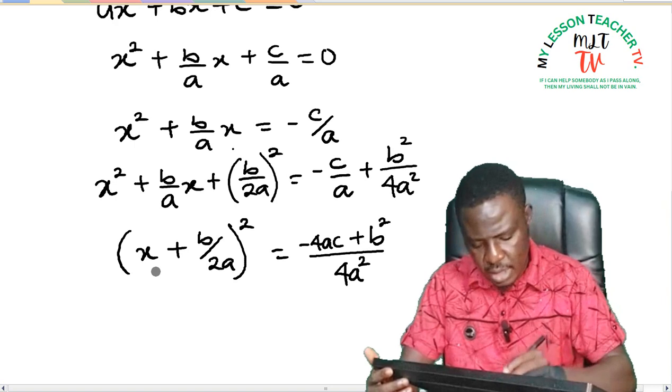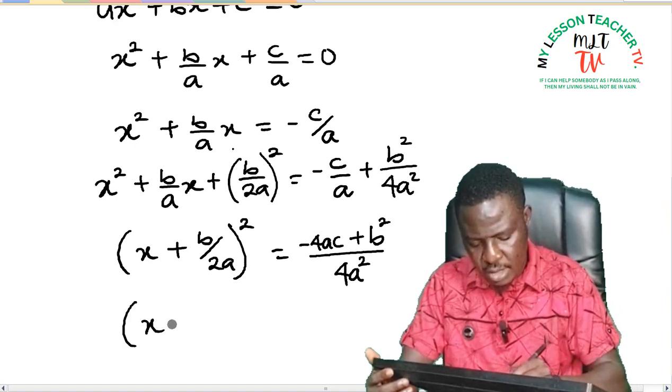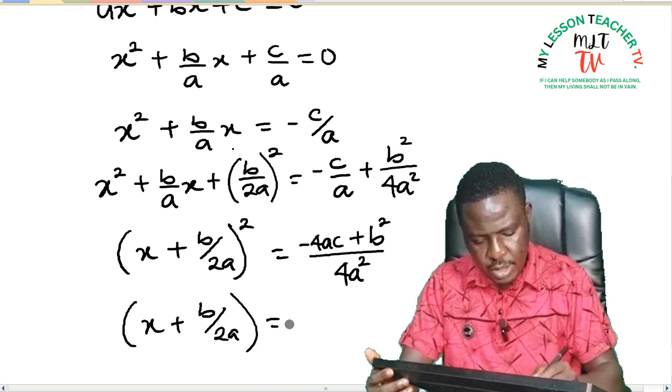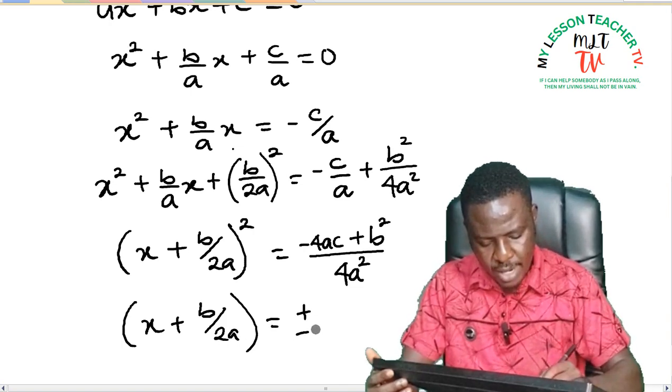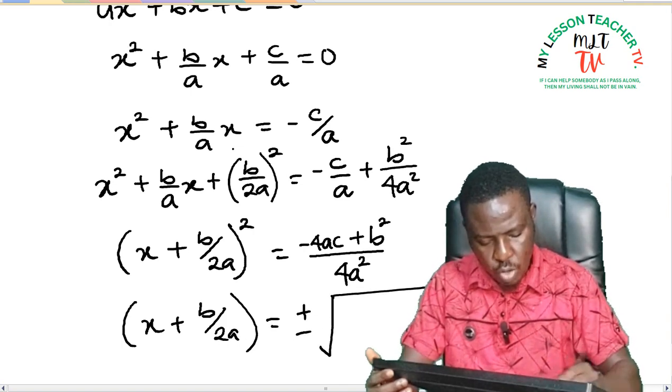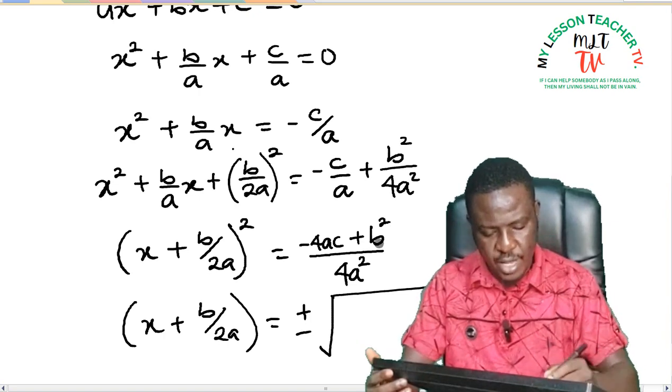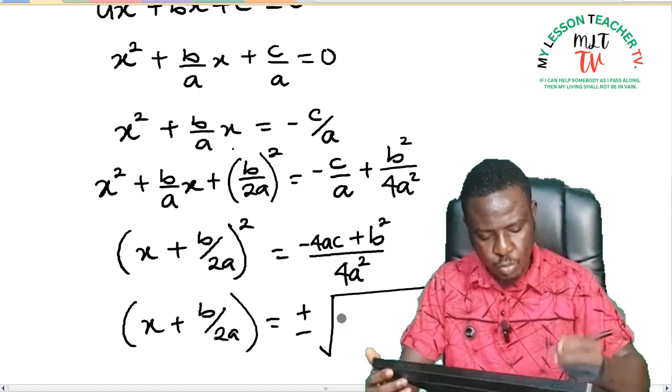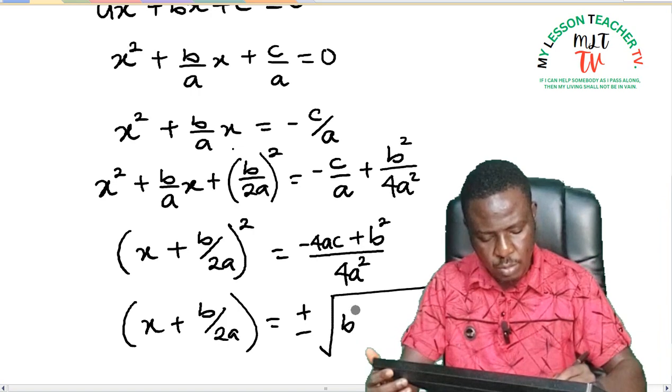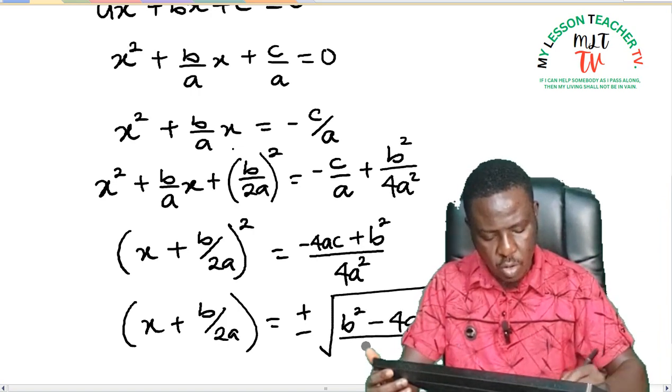Finding the square root of both sides, you now have x plus b over 2a is equal to plus or minus square root of, I prefer the positive term to be outside, so this becomes b squared minus 4ac all divided by 4a squared.